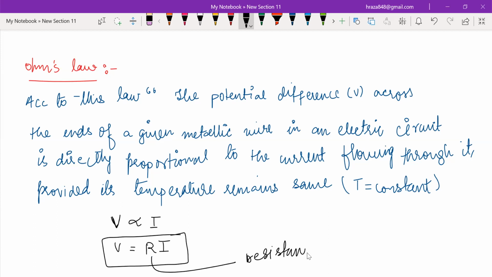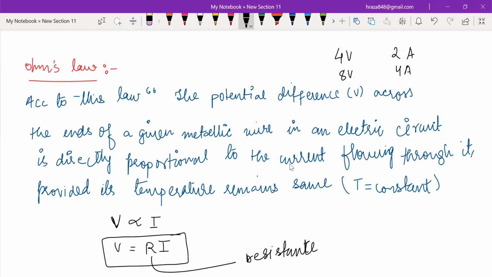See, if you have 4 volt and 2 ampere current, and you increase this to 8 volt, the current will also increase. You know what directly proportional is? If one quantity increases, the other also increases. So in a circuit, if you have potential difference V and current I, and you increase the potential to 2V, the current will also be doubled.